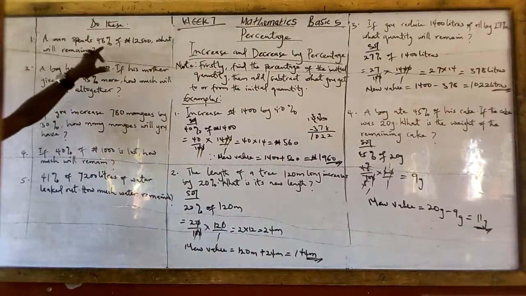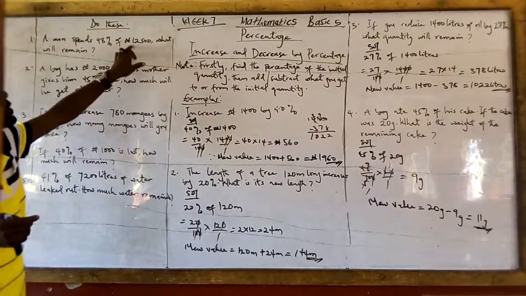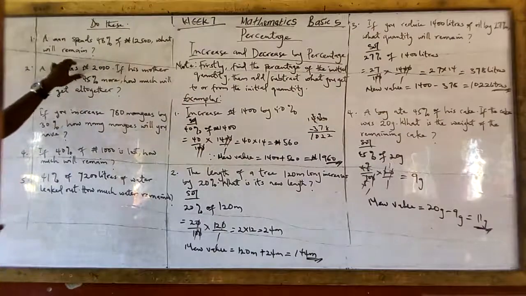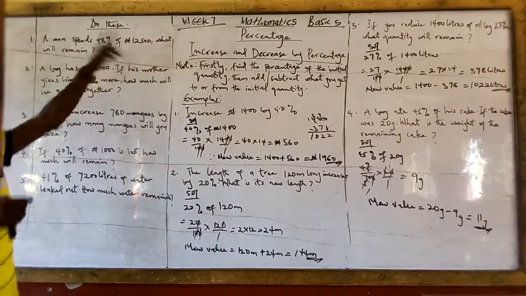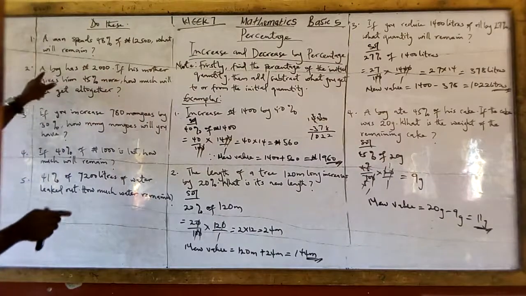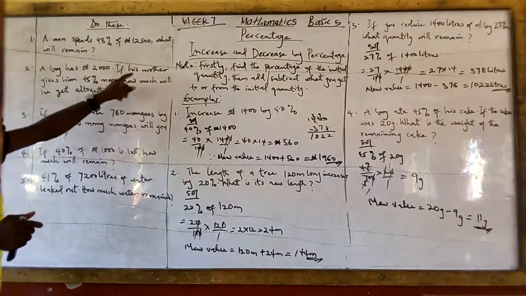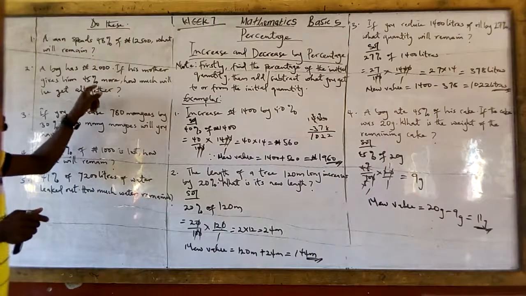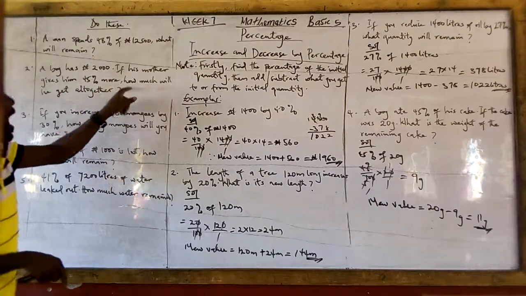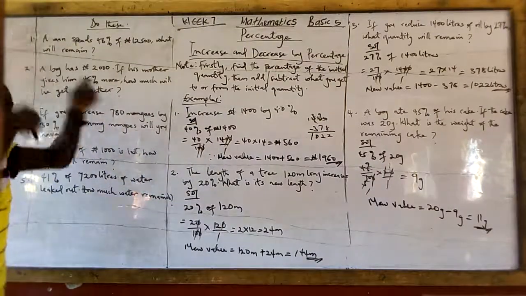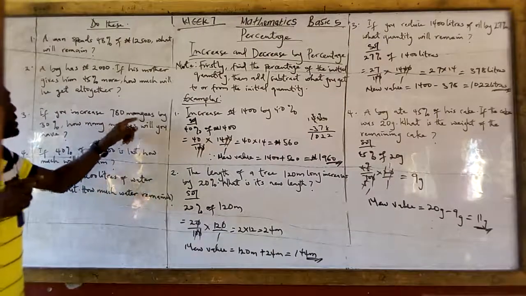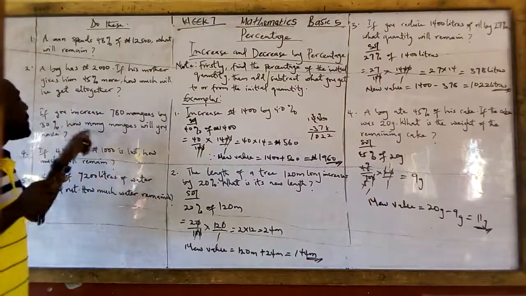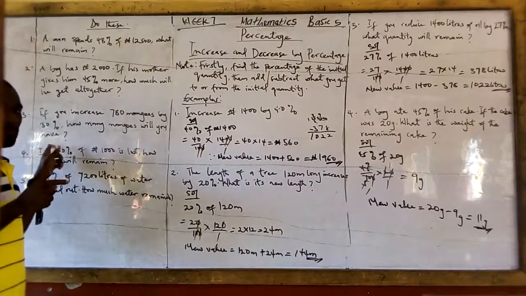Now, a man spends 48% of 12,500. What will remain? He spends this out of this. Then what will now remain? You should know it. Then a boy has 2,000. If his mother gives him 45% more, how much will he get altogether? Then number 3, if you increase 780 mangoes by 30%, how many mangoes will you have?